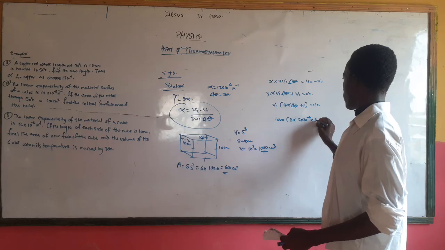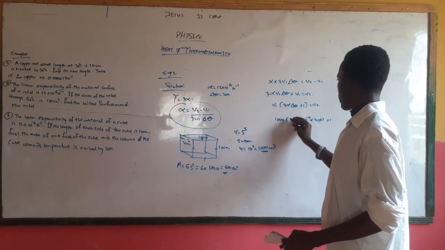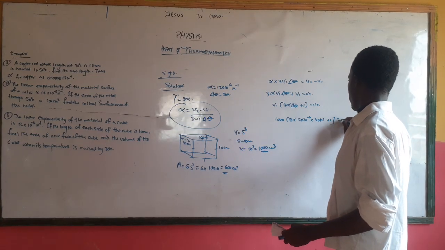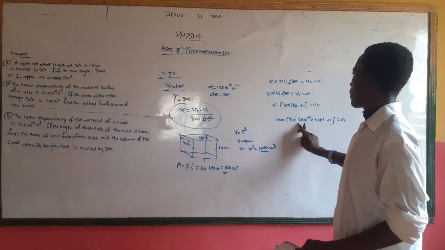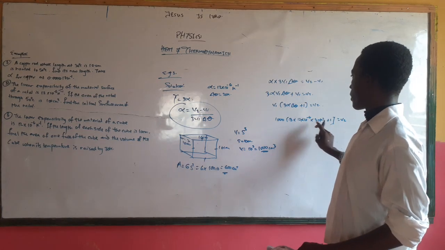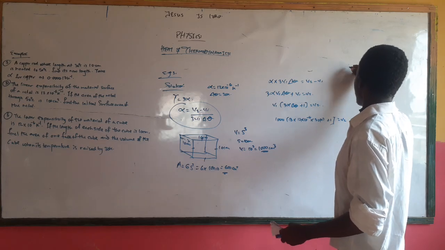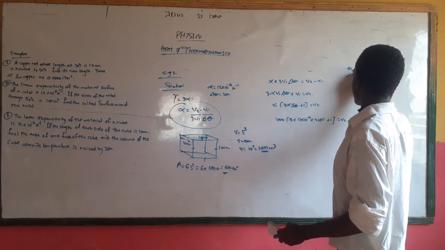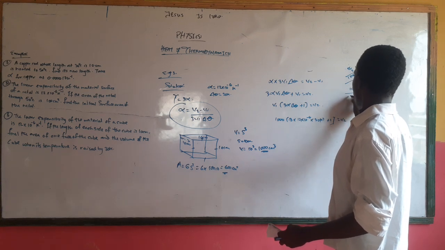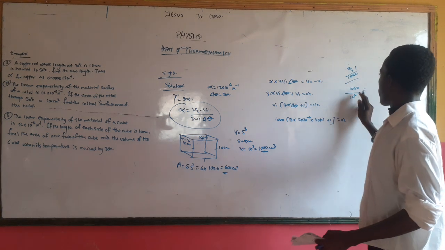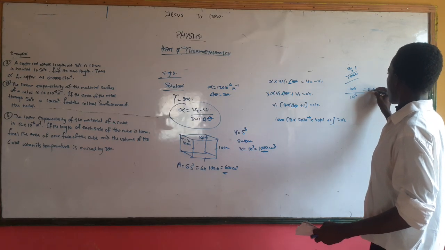So 3 multiplied by 12 is 36. 36 multiplied by 30: 36 times 3 is 108, and it just has a 0. So 108 divided by 10 to the power of 6 gives 0.00108.